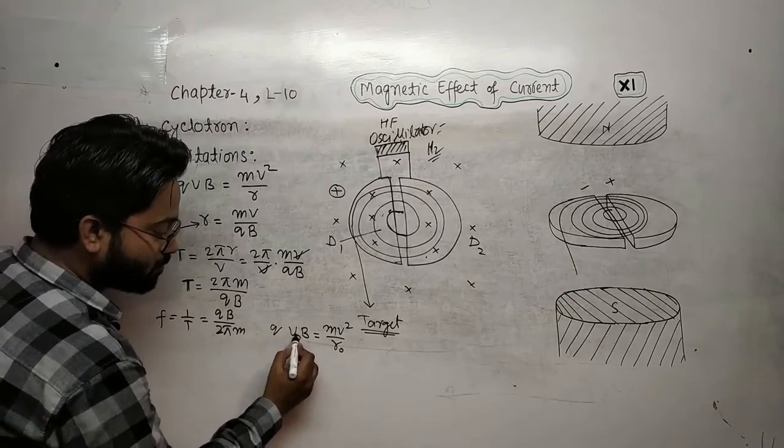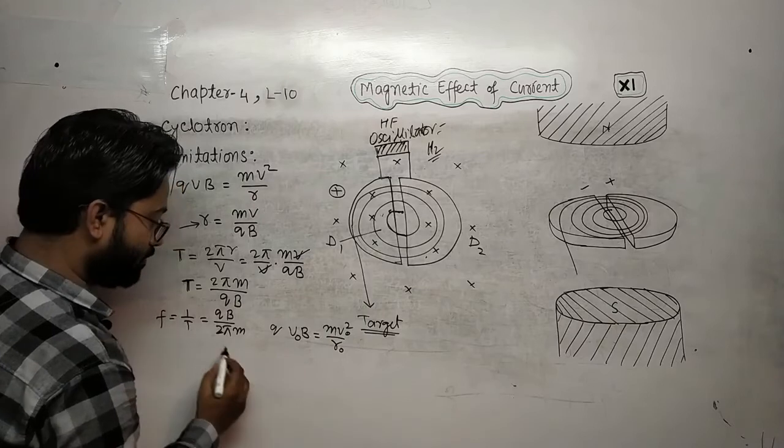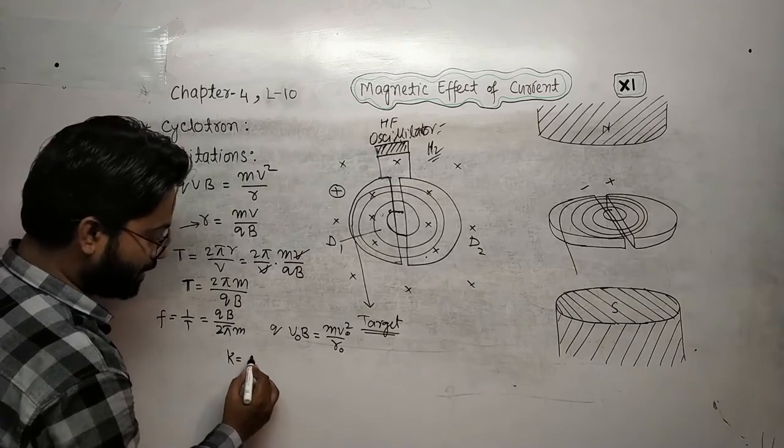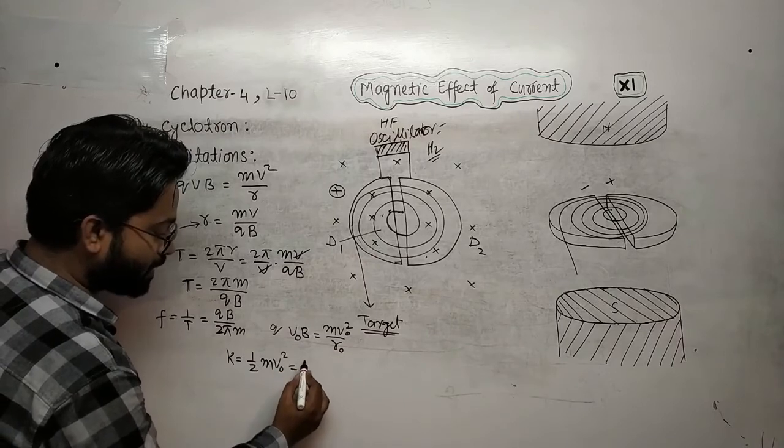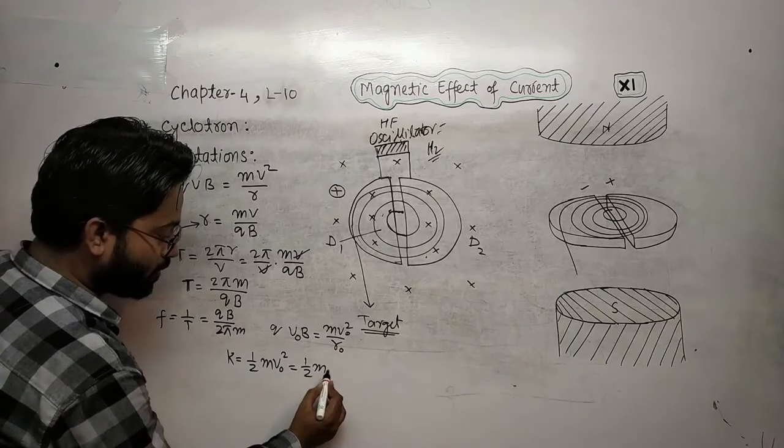Let us suppose the velocity is v0, and we know that kinetic energy is equal to 1 by 2 m v0 square.